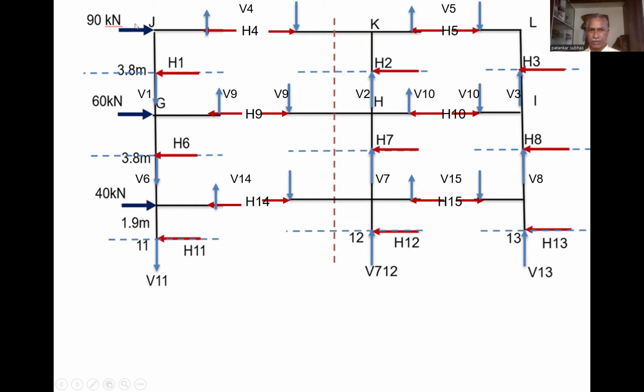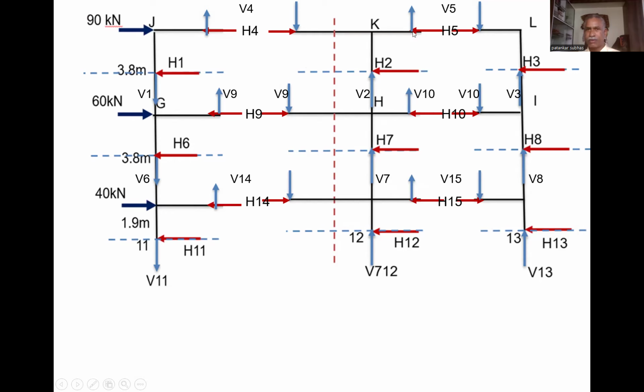Here, when we join this, only moment is there, that's why this moment and this moment are the same. When we consider the joint K, we know the moment in the column K to H, and when we take the summation of moment at point K equal to 0, this moment is known because the moment J to K is equal to K to J. This column moment is known, so the summation of these three moments is equal to 0.